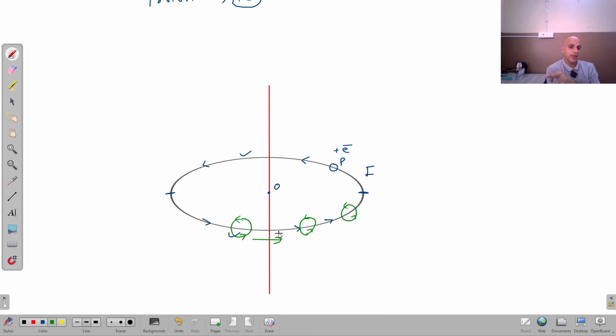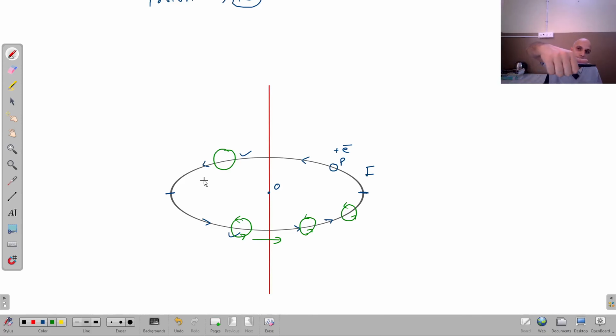Similarly, if I go to the upper side, then this direction will get turned. When you go in this way, the direction of the flow of current is in this way.